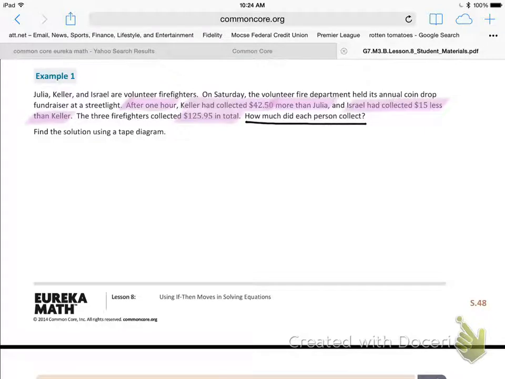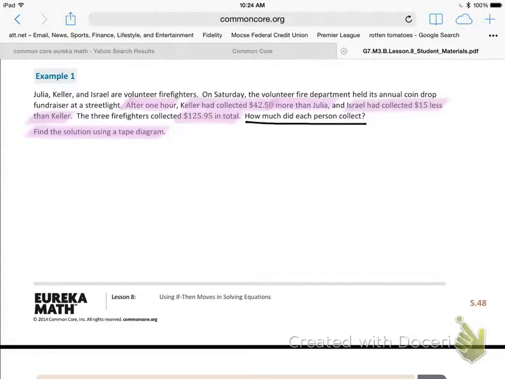Okay. What I'd like you to do first is go ahead and find the solution using a tape diagram. And that tape diagram should be similar to the tape diagram we made in the last lesson, if you remember, in lesson 7.